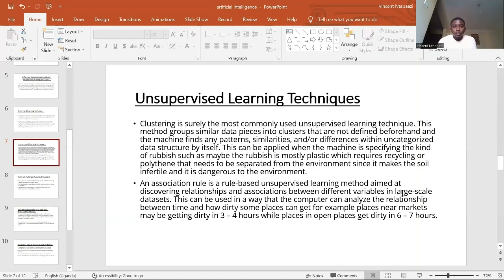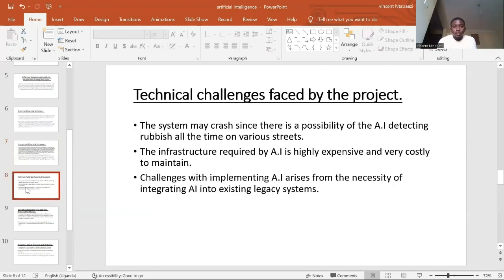Let's say you teach it that there are patterns. Maybe in rubbish, we can have something classified, maybe plastics, polythene. Plastics will be recycled, then polythene needs to be put in a separate place because it's dangerous to the environment. So if the machine learns that, it could be easy for other people to clean and also differentiate that rubbish.